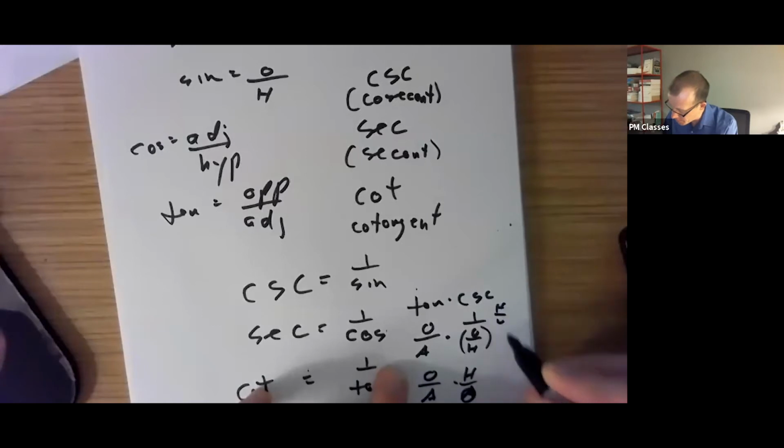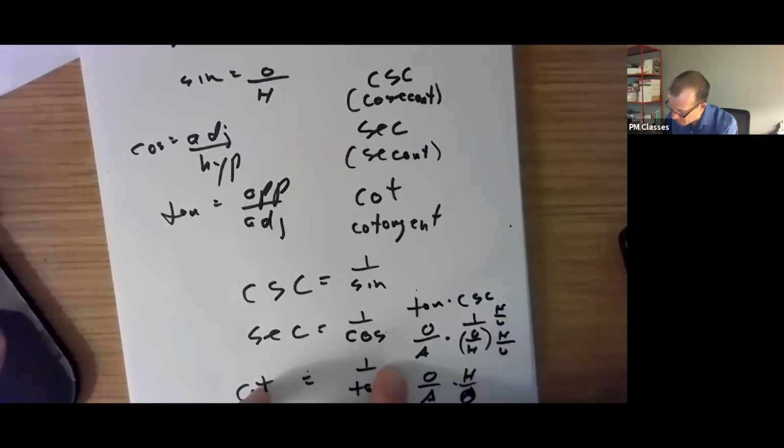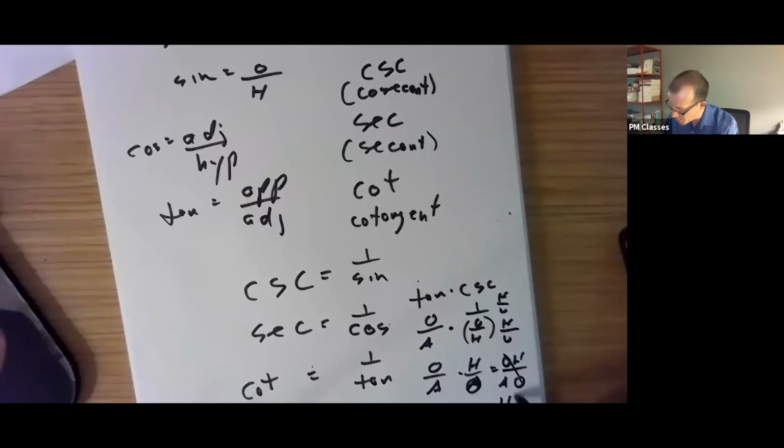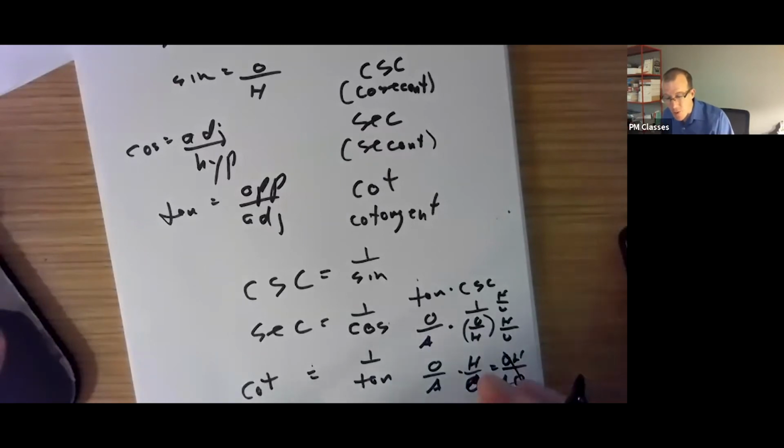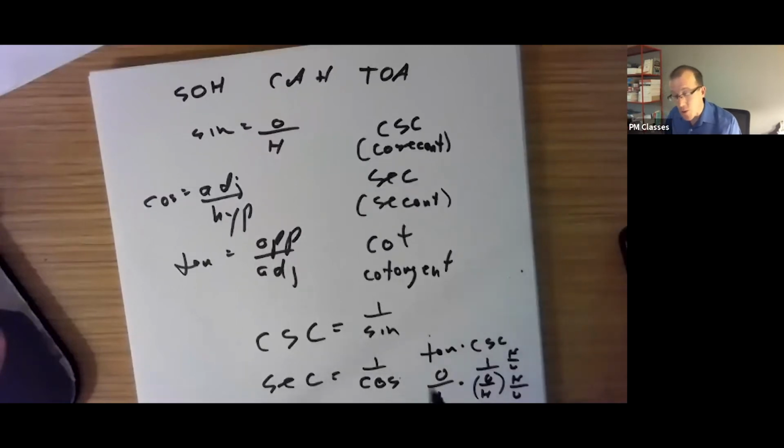Multiply, and then this would get us o times h over a times o. Cancel out, we have h, hypotenuse over adjacent, which is the reciprocal of cosine, which is adjacent over hypotenuse. That was a lot of math. For those of you who haven't done that yet, I apologize, I went pretty fast on that. You can do those a lot slower.